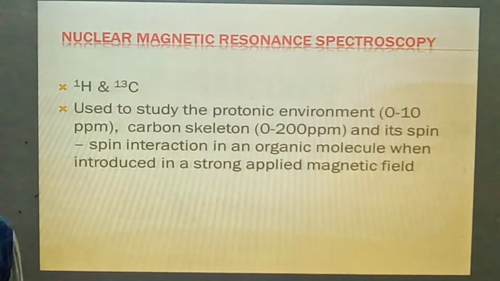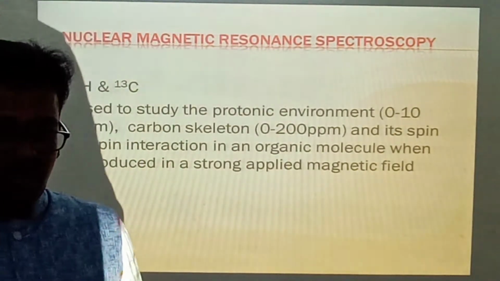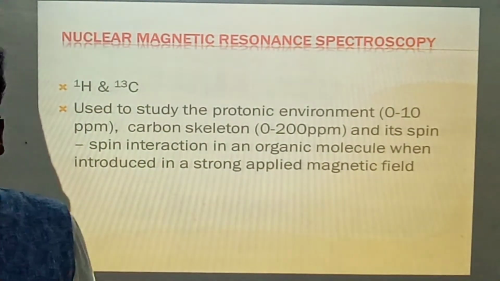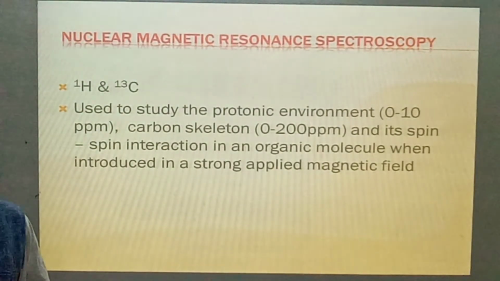Now, in nuclear magnetic resonance spectroscopy, we go in depth: when a strong magnetic field is induced, the H1 and carbon-13 isotopes present in an organic molecule are introduced in between the two magnetic fields.